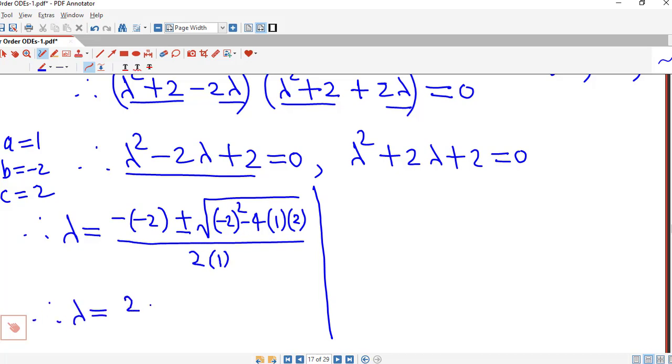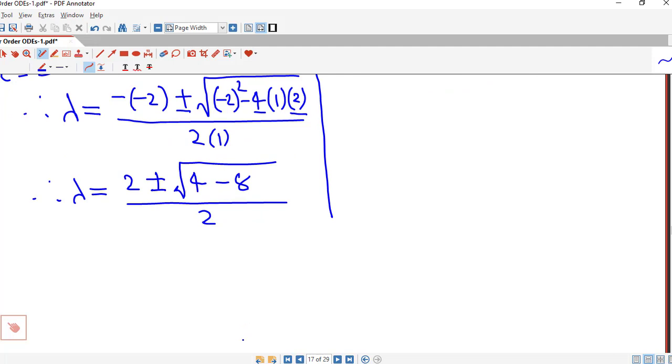Therefore λ equals 2 plus or minus the square root of 4 minus 8, divided by 2. Therefore λ equals 2 plus or minus the square root of minus 4, over 2.